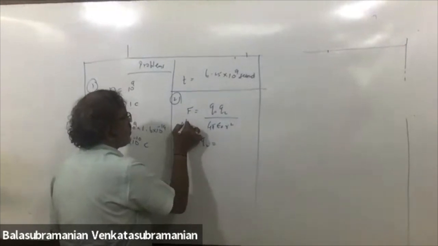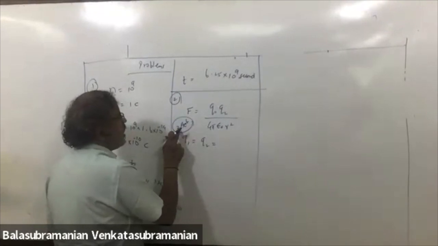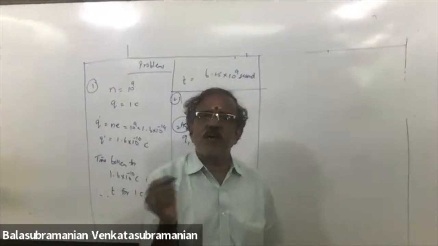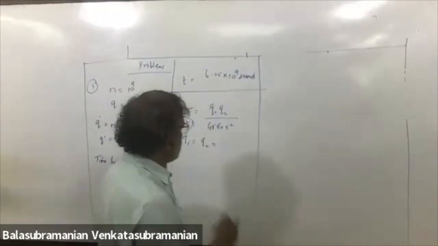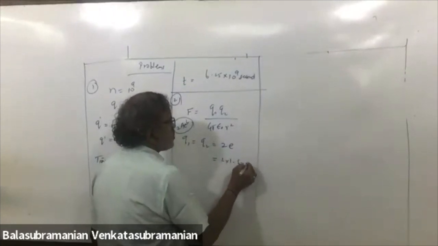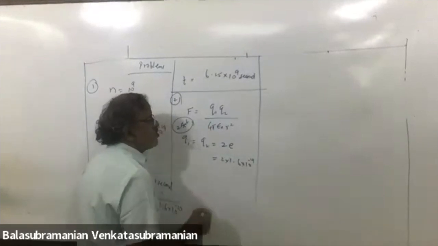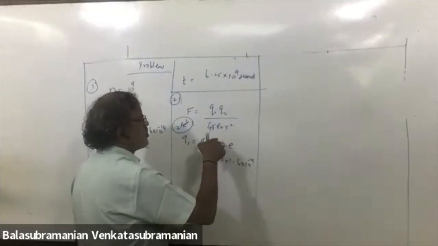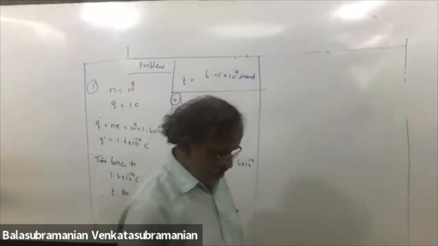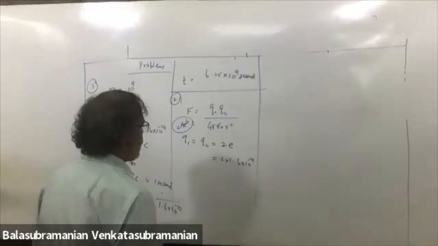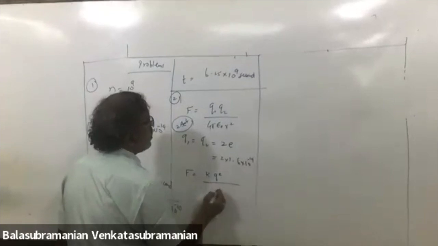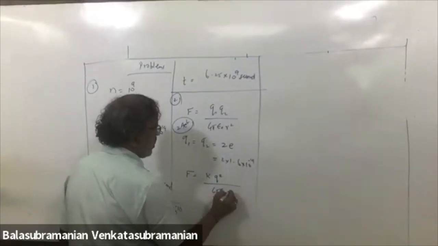Alpha particle is 2He4. So we have 2 protons. 2 protons means we have an equal number of electrons, 2 electrons. So the charge here is 2e. 2 into 1.6 into 10 power minus 19 coulomb is the charge of Q1 and Q2. So formula F is equal to K Q square by 4 pi epsilon naught R square.